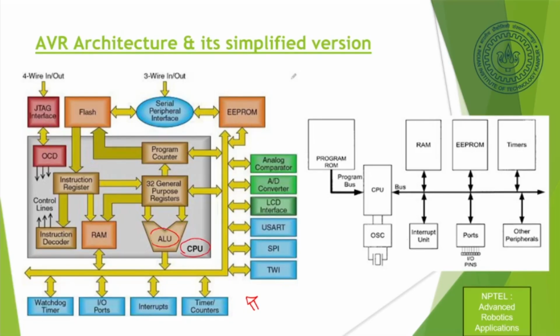Then there is an ALU, arithmetic logic unit, which actually does the addition and subtraction, taking instructions and data from the RAM, and after it finishes, it puts the result onto the registers. You can also interface it with analog comparators, AD converters, LEDs, and all these other input-output ports. Interrupts are there, watchdog timers are there. So essentially it is something like this.